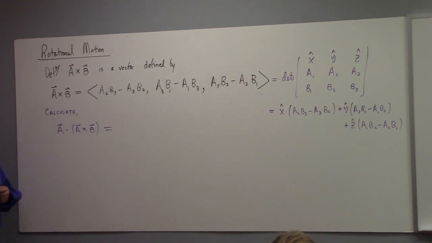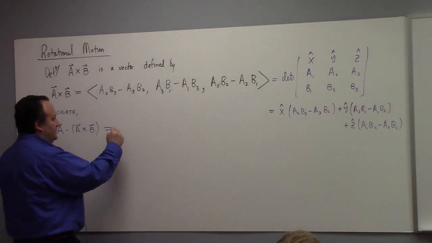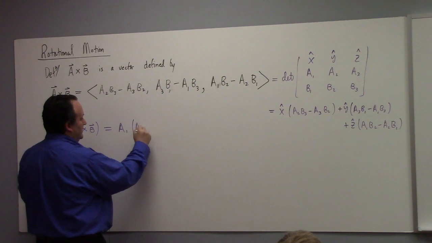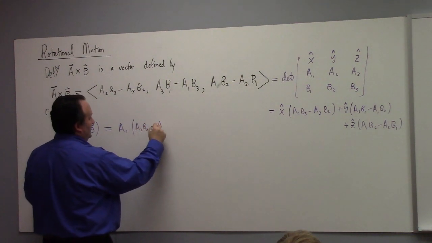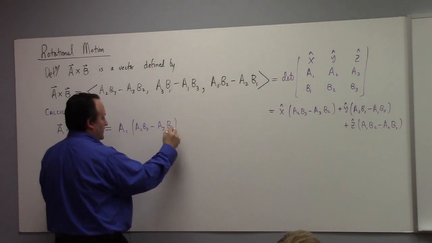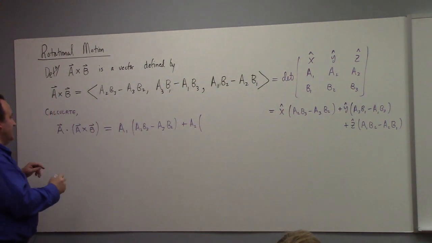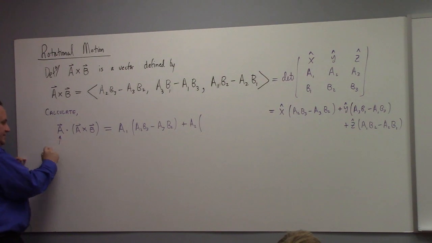Do you guys remember the dot product? I hope. So we do what? We do A1 times what? Times A2 B3 minus A3 B2 plus what? Plus A2, right? So remember that A has the form A1, A2, A3.